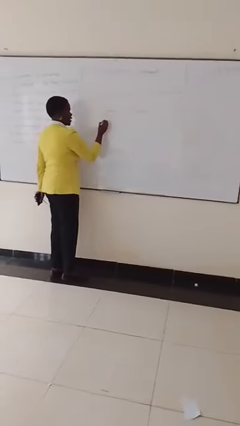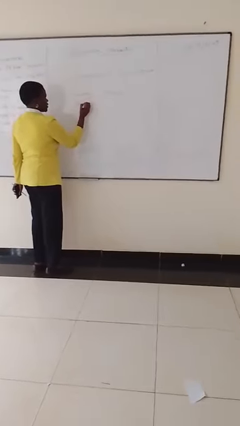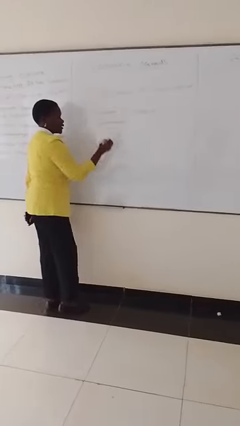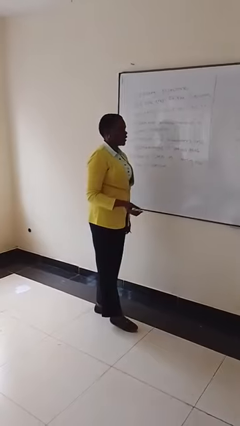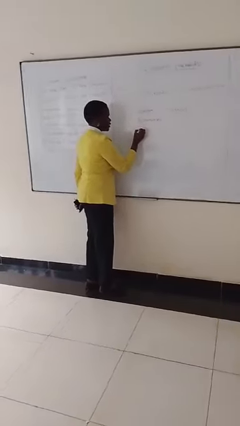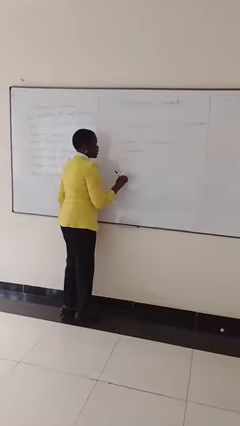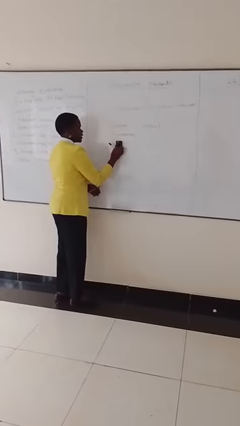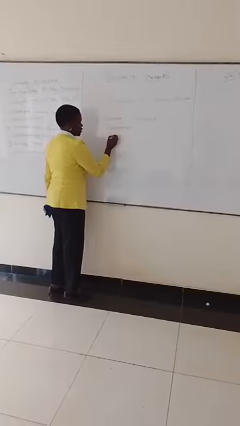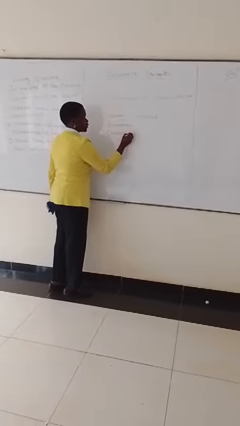So let's look at the advantages. One is that when you go to the field, you get what we call first-hand information. This is the information that you have seen, you have not received from someone else. Then you are getting the correct information.